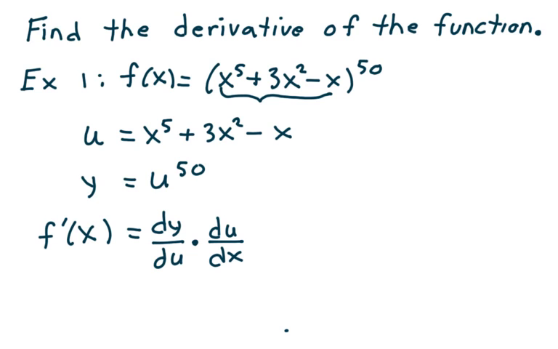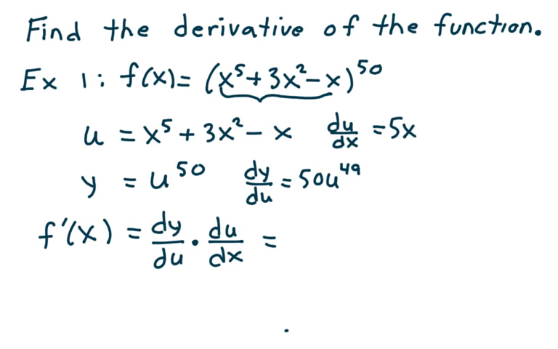So let's take a look at this. If I apply the power rule directly, the derivative of y with respect to u is 50u to the 49th power. And du/dx, the derivative of u with respect to x, is 5x to the 4th plus 6x minus 1.